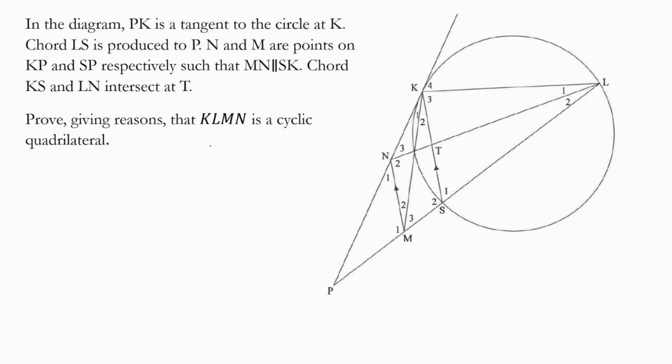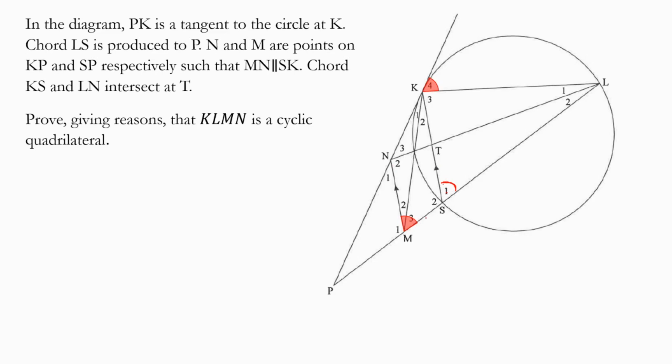So we have to use our previous answer. Remember, in the previous question, we managed to prove that angle K4 is equal to angle NML. We have angle K4 being equal to angle S1 because of the tan chord theorem.